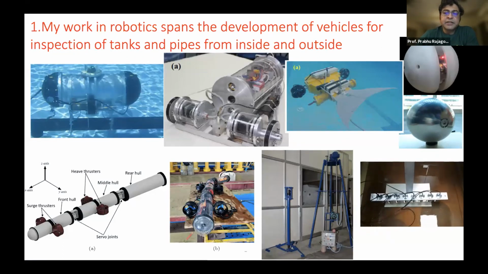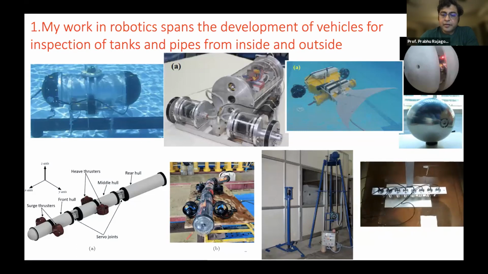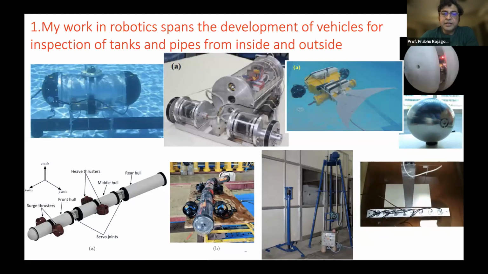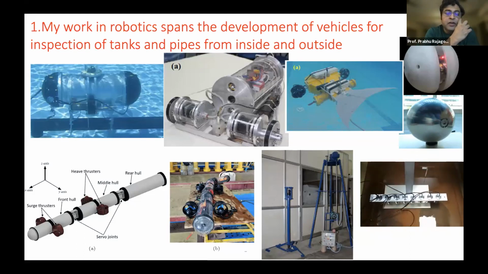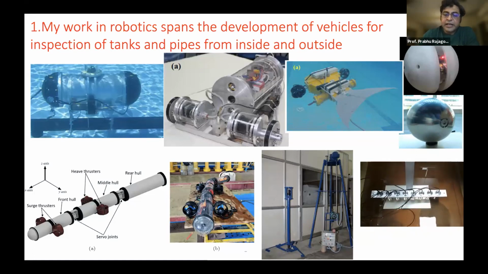That's my interest. And from that perspective, I think this effort is unique, because a lot of robotics work is done bottoms up, from theory to implementations. So we have here robots for inspection of pipelines, for tanks, bio-inspired robots. One of the works that has gained a lot of traction in recent years is robots for inspection of septic tanks, so that we can help eliminate manual scavenging.